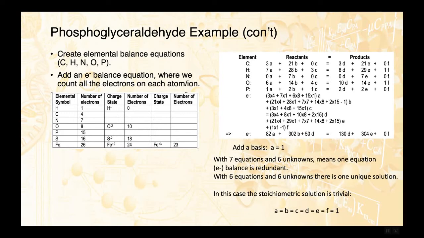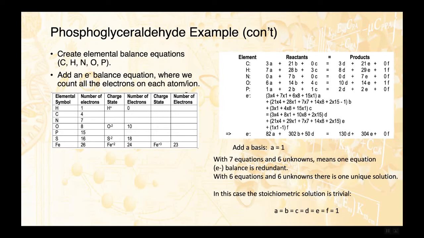But none of that is occurring, outside of science fiction. None of that occurs within biochemistry. So an atom has to remain as an atom. This allows us to write a series of balance equations.